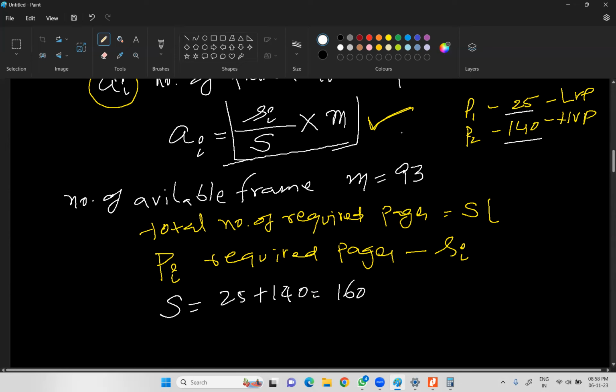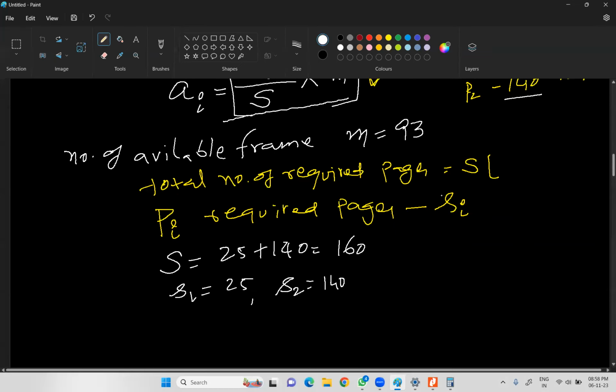So we know s_i: small s1 will be equal to 25, and small s2 will be equal to 140.